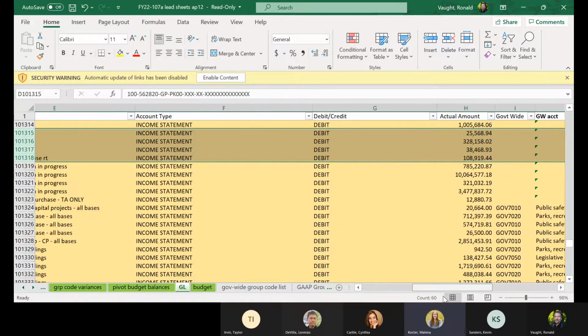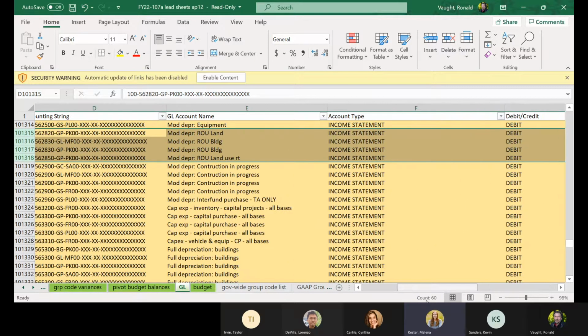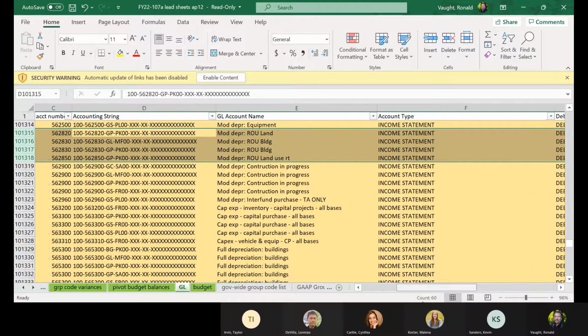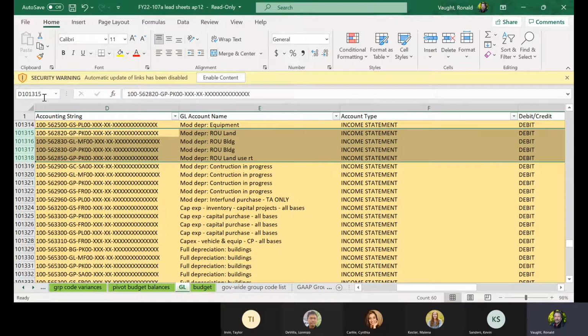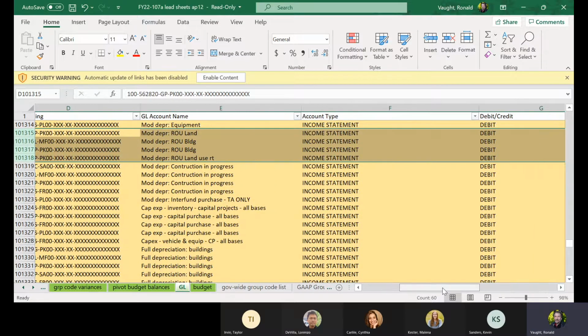I can go in and take out the group codes for those. Well, it's either remove the budgetary group codes for these 562 accounts, or add the capital outlay group code to the proceeds account.